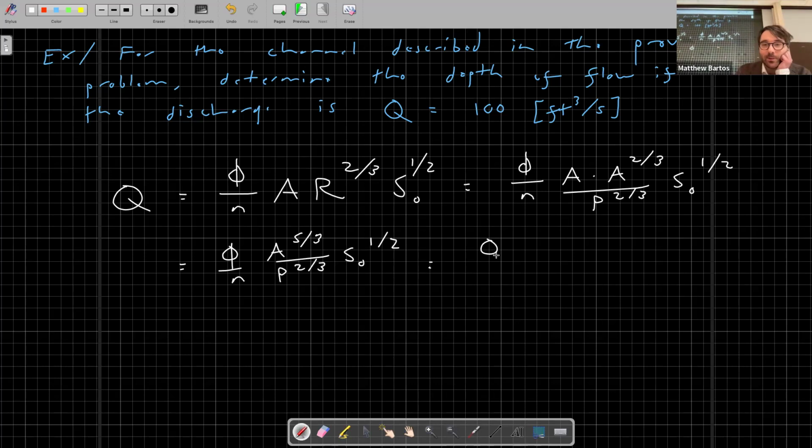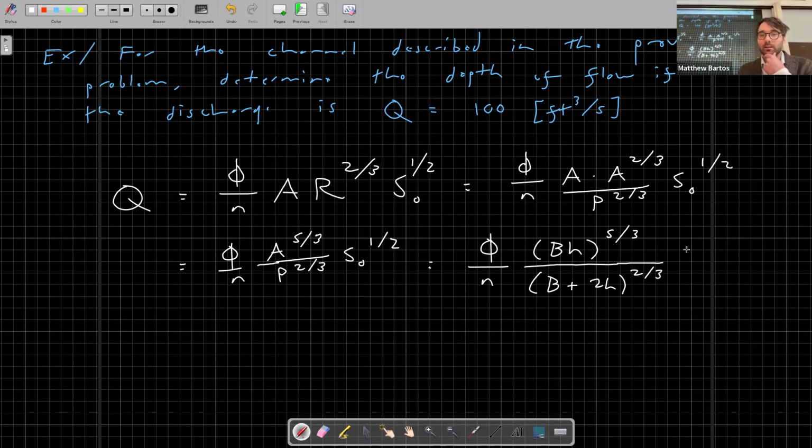And let's go ahead and write out A and P in terms of our dimensions of the channel. So A again is equal to B times H, raised to the 5/3 power. P is going to be B plus 2H, again, all raised to the 2/3 power. And this is going to be multiplied by the bottom slope of the channel.